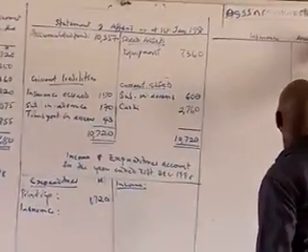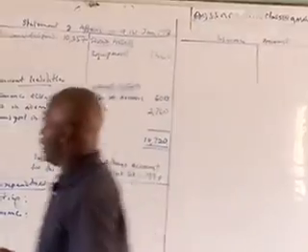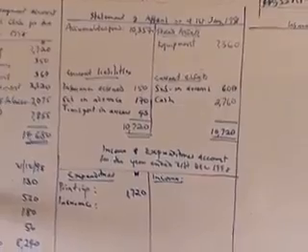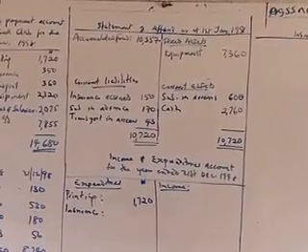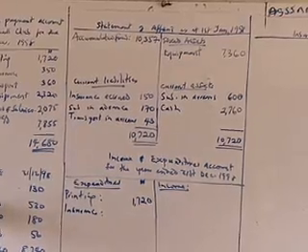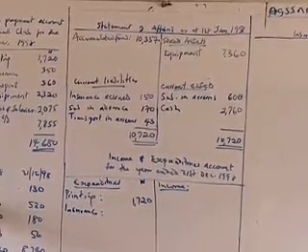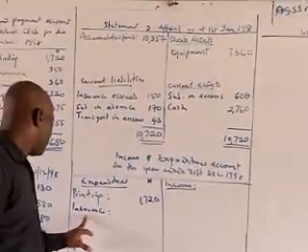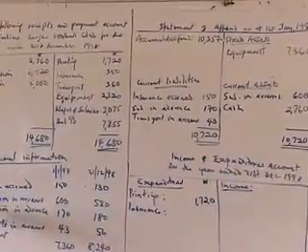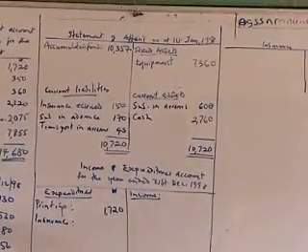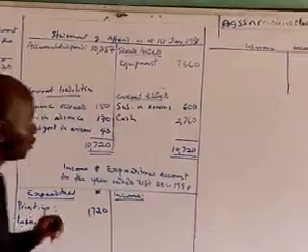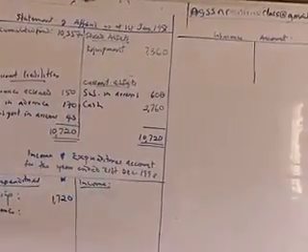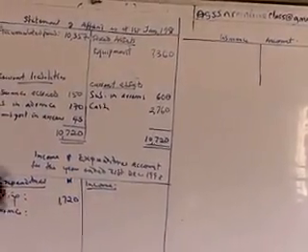When I talk about insurance accrued, it is an owing, so the opening balance will be a liability.